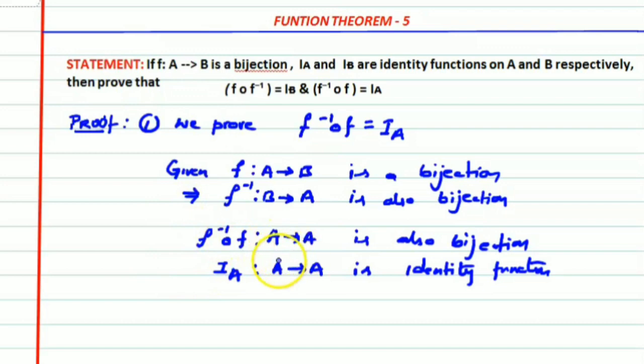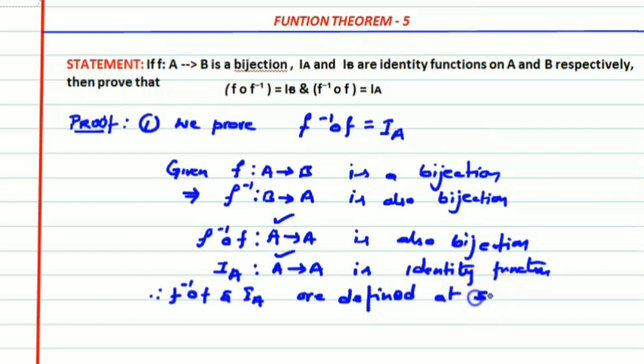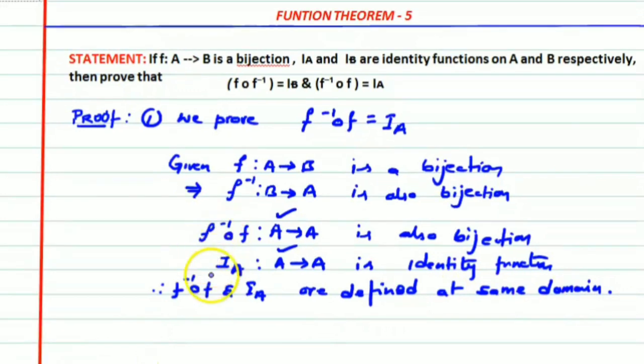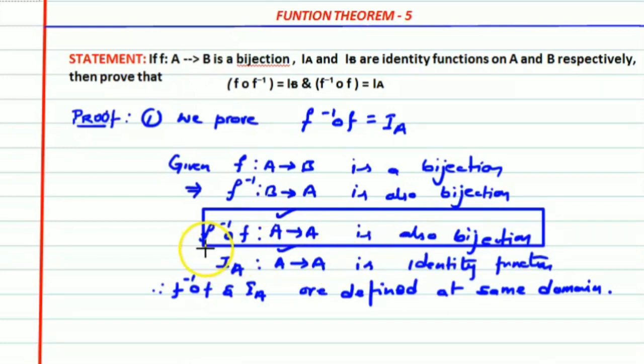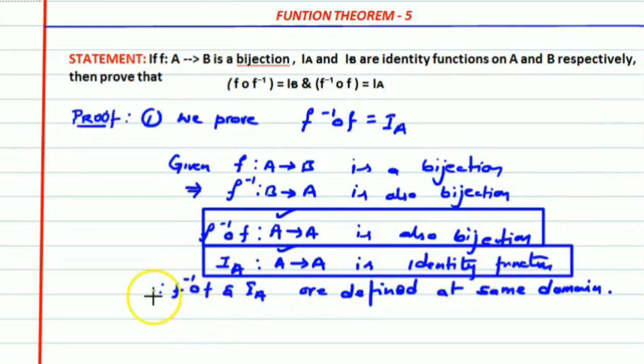So f inverse circle f mapping from A to A and I_A mapping from A to A have the same domain, A. Therefore, I can conclude f inverse circle f is a bijection, and I_A, A to A, is an identity function. They are defined on the same domain.